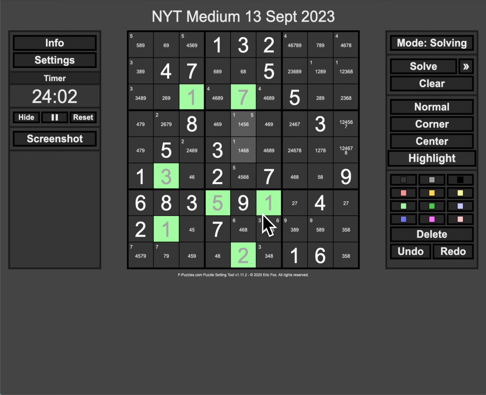Nothing else is a 1. 3 is still in one of these two.